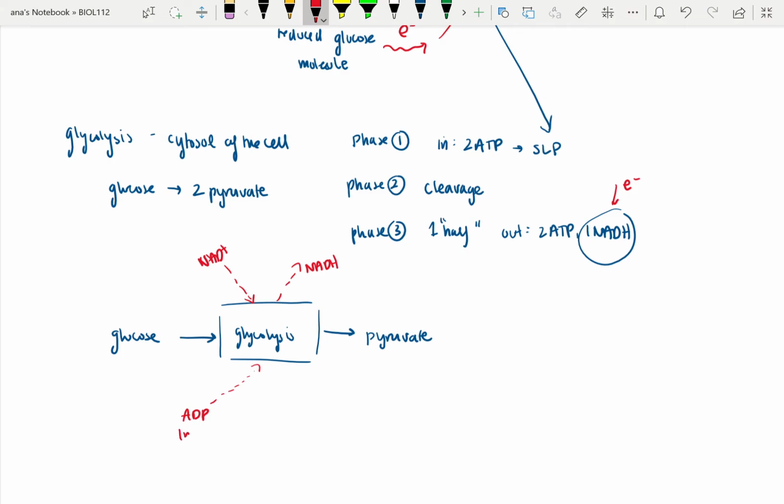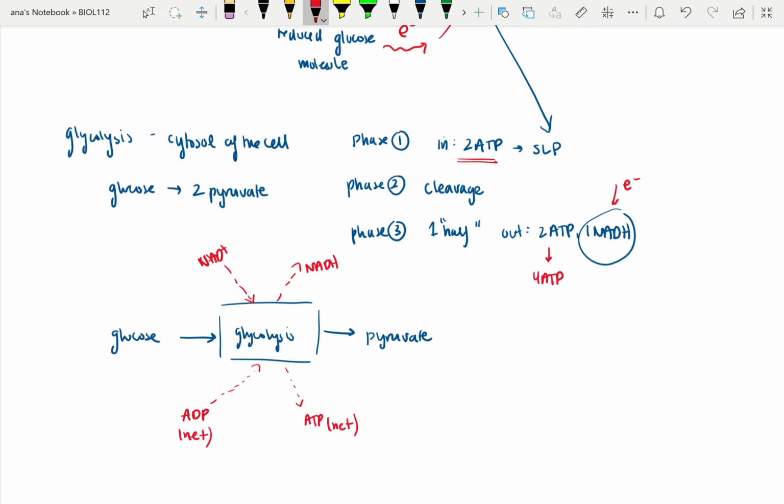This is a net input because we have to put in 2 ATPs, but in total we get 4 ATP out, because we get 2 ATP per half of a glucose molecule. So overall we put 2 in, but we get 4 out, so the net gain is 2. Overall we're putting ADP in and getting ATP out. Okay, so that's our glycolysis input and output diagram.